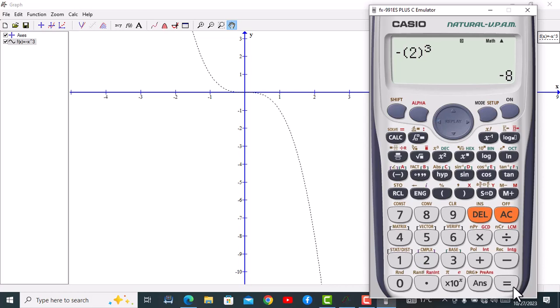And I get minus 8. So f at x1 is bigger than f at x2, because I know that minus 1 is bigger than minus 8. So because f at x1 is bigger than f at x2, therefore the function is decreasing. Or because f at x2 is less than f at x1, therefore the function is decreasing.